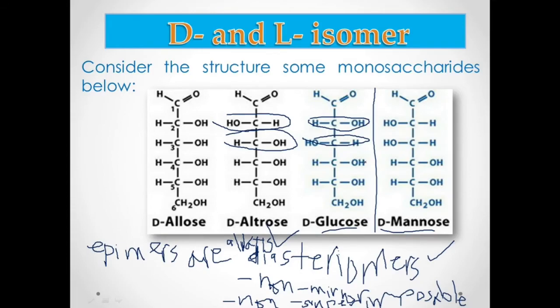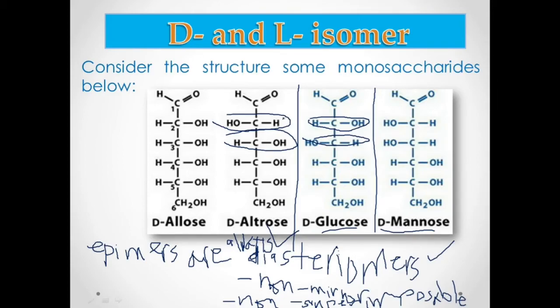Epimers are always diastereomers, but diastereomers are not always epimers. Do you get it? Why? D-altrose and D-glucose are only called diastereomers, but they are not epimers, because how many carbons do they differ at?